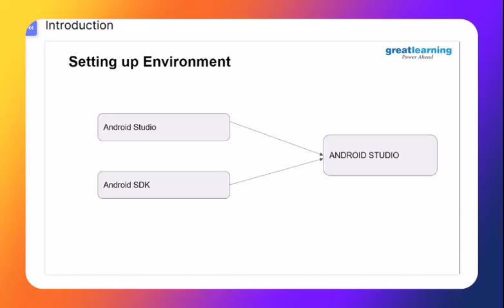So all you need to do is download Android Studio based on the operating system you have. If you have a Mac, you download that version, or if you have Windows, you download that version, based on the operating system and its RAM. All you need is just Android Studio. That's it.